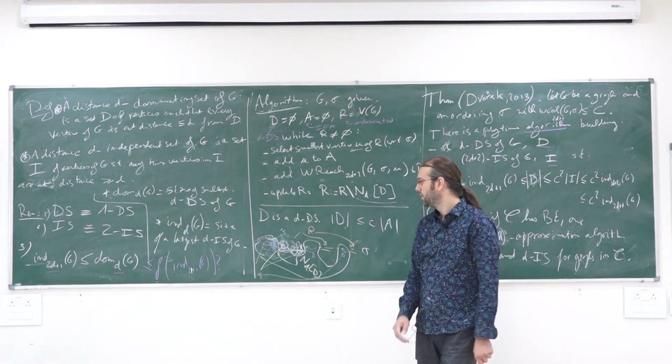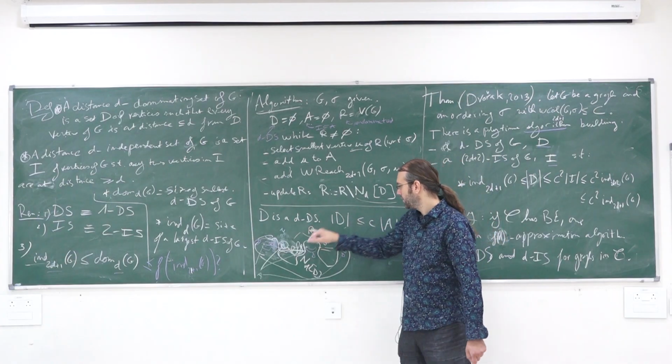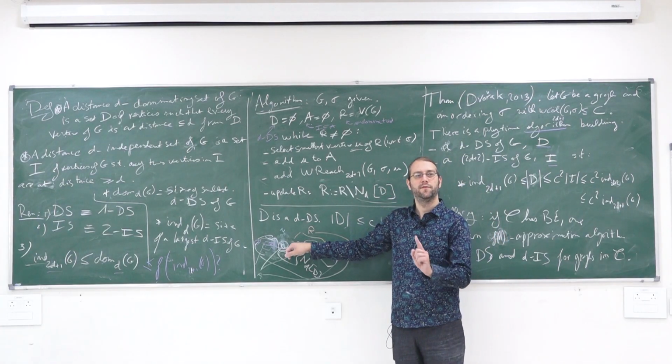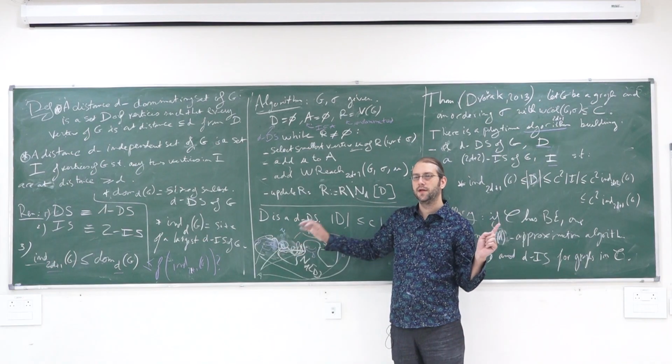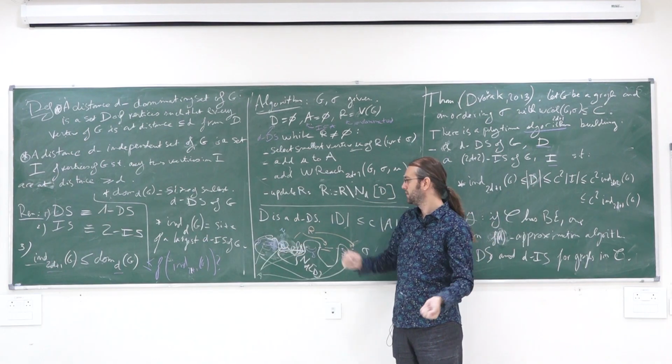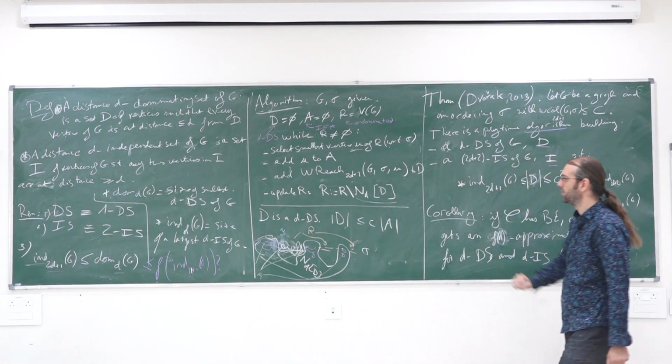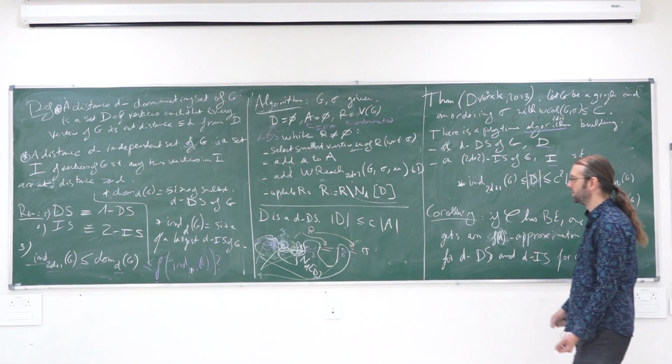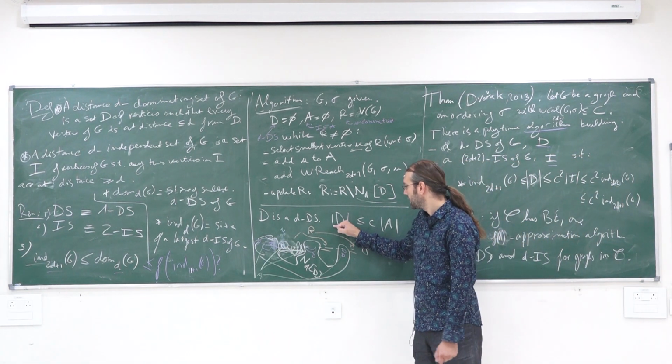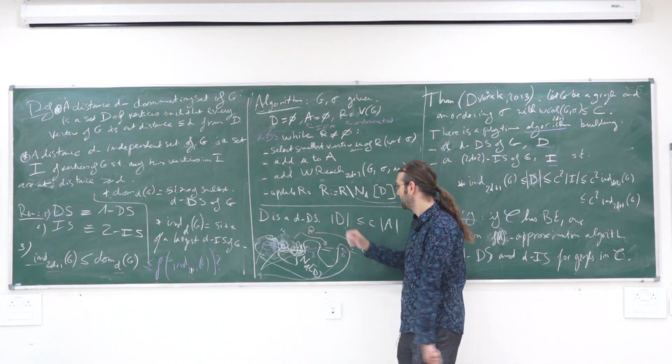And this algorithm is finite because at each step I select at least one undominated vertex. So there are at most n steps, where n is the number of vertices. So it's a polynomial time algorithm. And it is correct in the sense that it creates a dominating set, which is good.